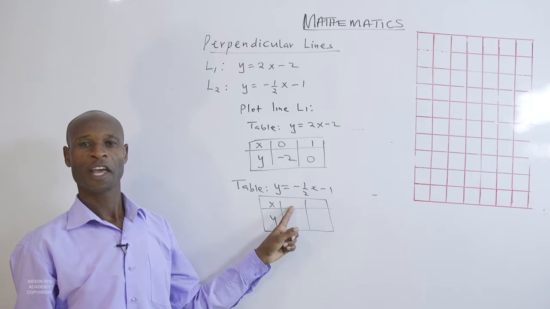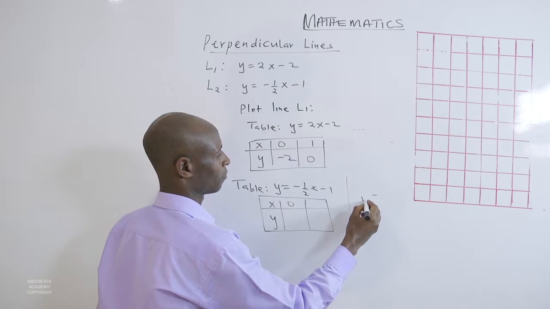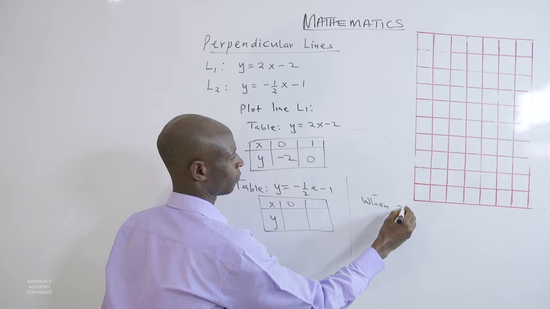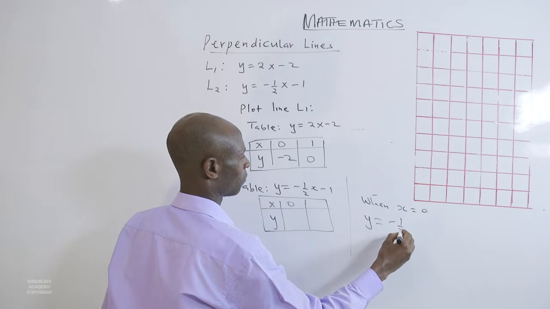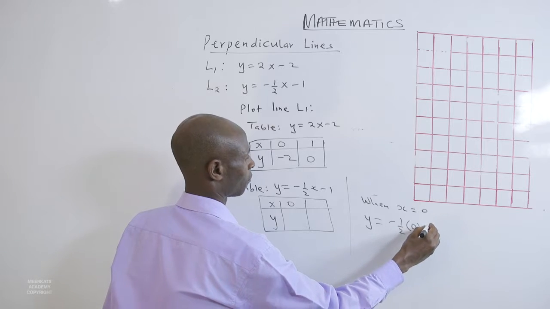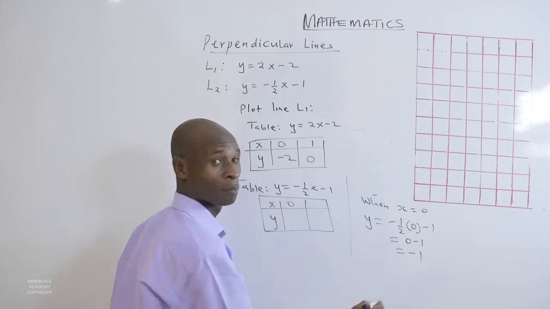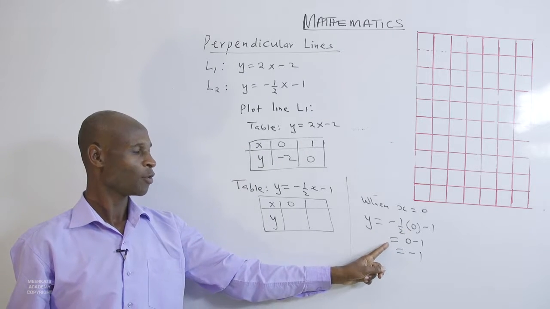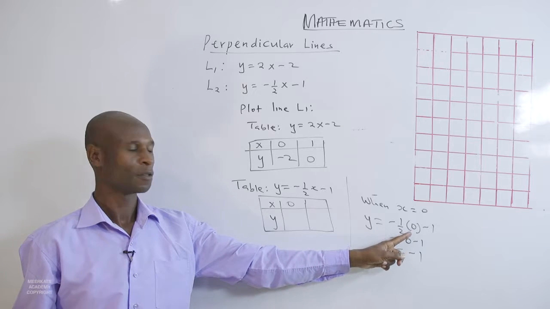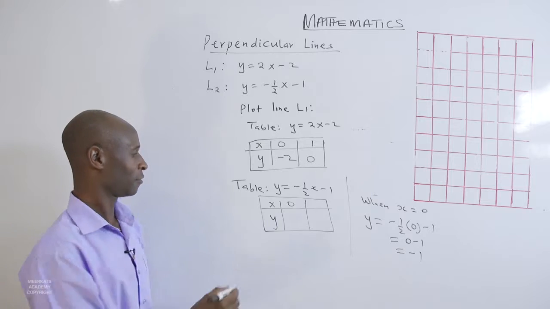We choose the value of x to be 0. When the value of x is 0, the y value will be -1/2 times 0, which is 0, minus 1, which is -1.